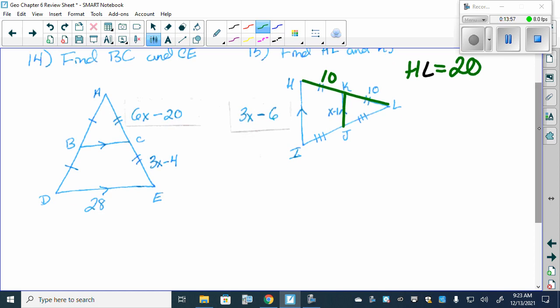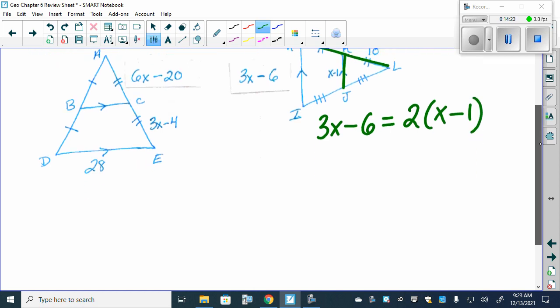Now, KJ and HI are a mid-segment in the third side. So the mid-segment is equal to half of the third side, or the third side is equal to twice the mid-segment. So what we can say is the third side, 3x minus 6, is equal to 2 times x minus 1.